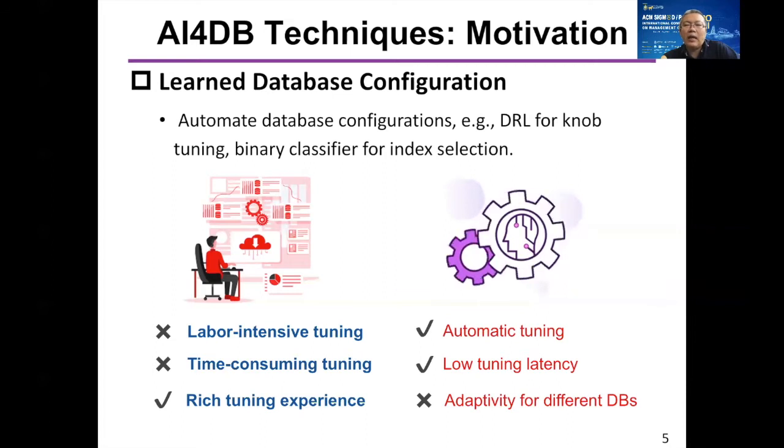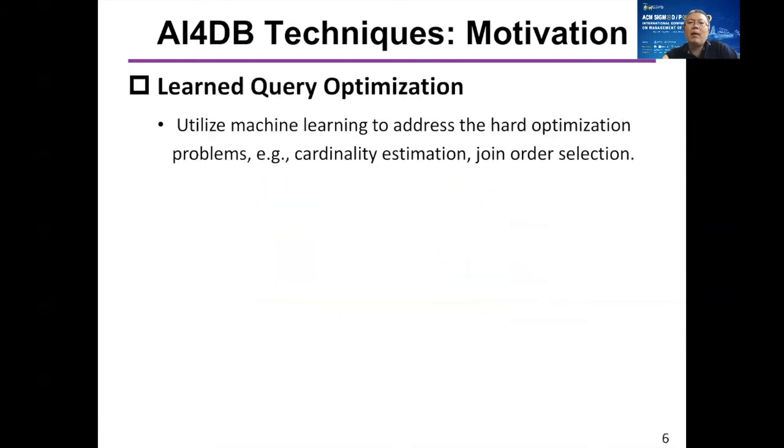So when we apply machine learning techniques, we need to consider how to improve the adaptivity for different databases. For example, we want the learning method to adapt to different workloads, different database instances, different database systems and different hardware. I think this is rather challenging, and the database community is working on improving the adaptivity of machine learning techniques inside database.